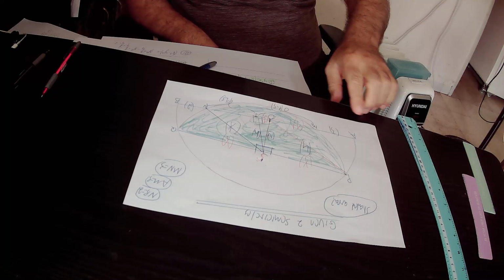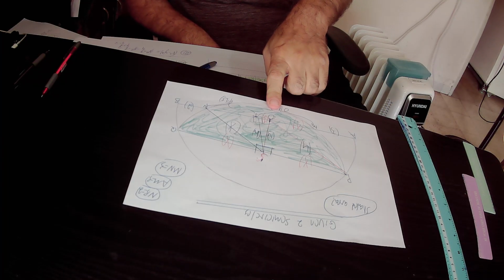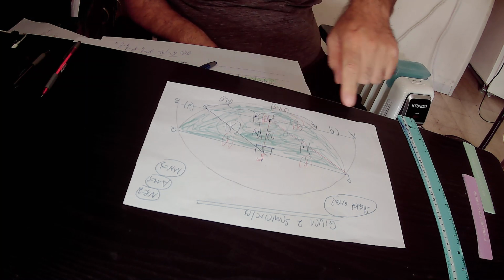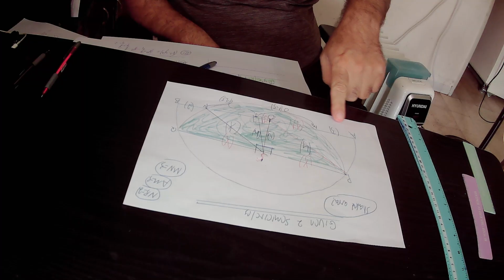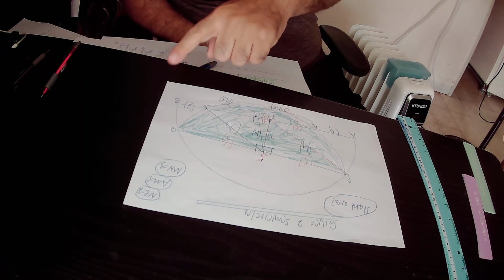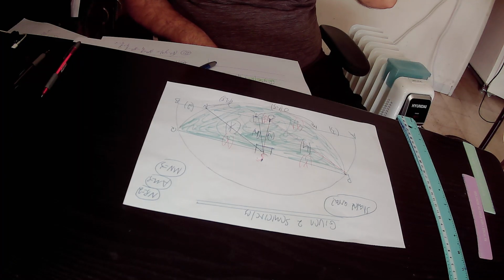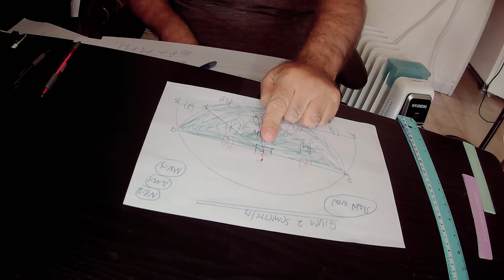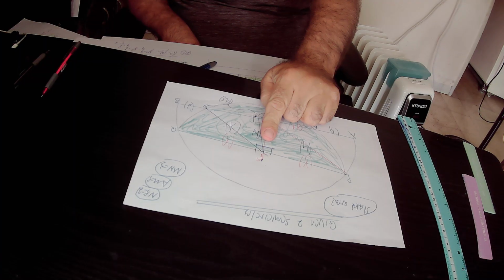From point O, the center of this big semicircle, we join points O and S together by a straight line. Again, point O is the center of this big semicircle. What is point S? Point S is the midpoint of PQ.